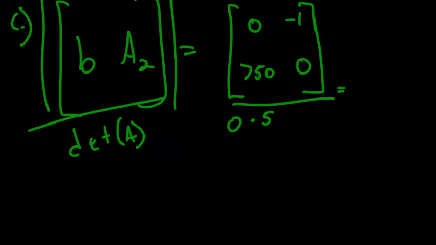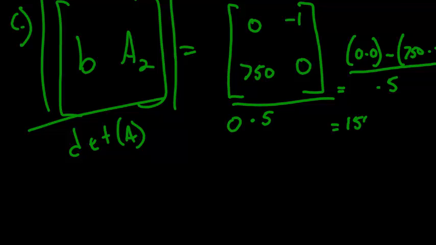This is just equal to 0 times 0 minus 750 times negative 1, over 0.5. And this is equal to 1,500, which is F1.